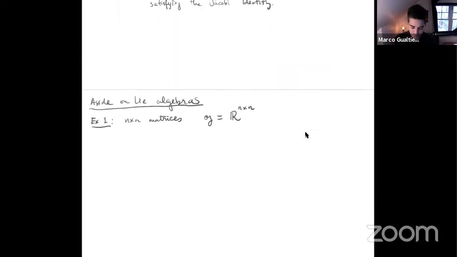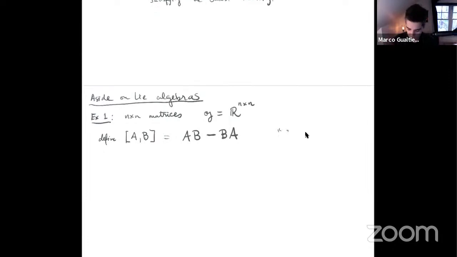However, if we define the Lie bracket of two n by n matrices A and B to be not the product of A with B, but the skew symmetrization of that product, meaning what we normally call the commutator, it's basically measuring the failure of A and B to commute.